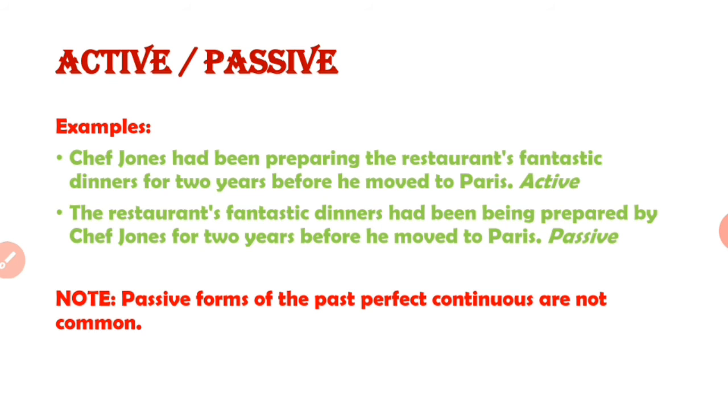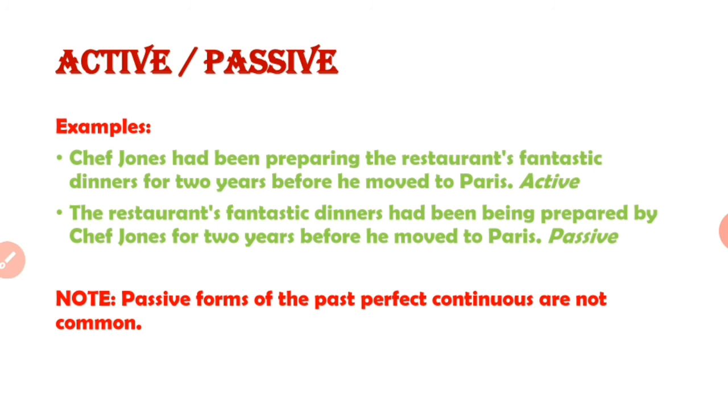But here I have prescribed two examples to tell you how we can make the passive of past perfect continuous tense.